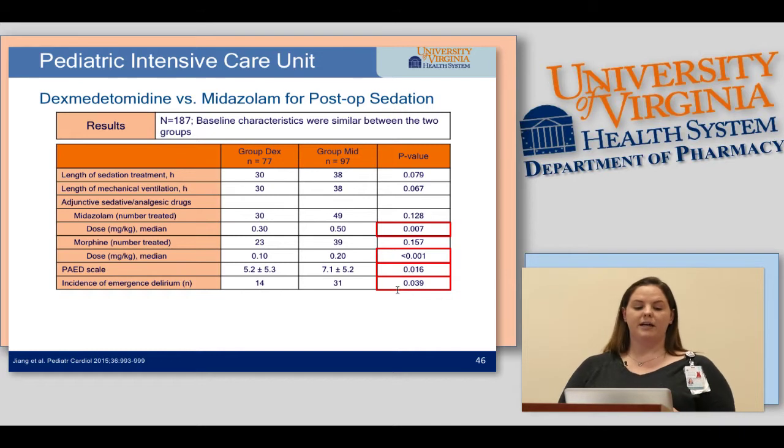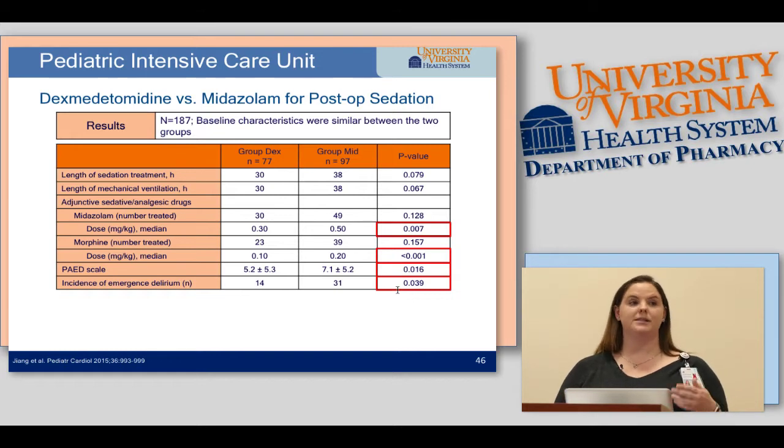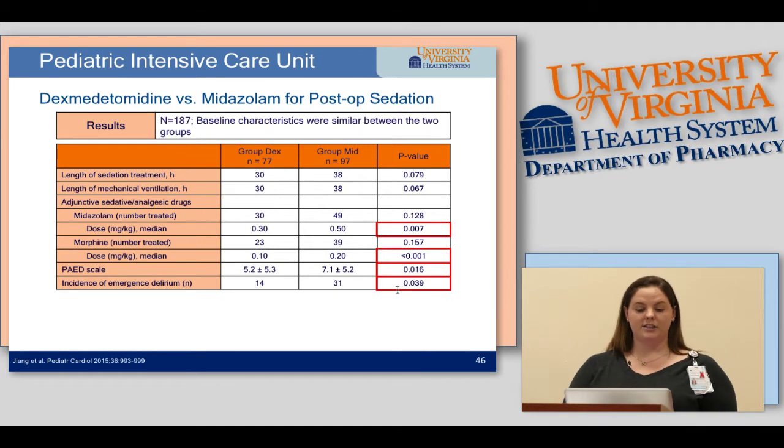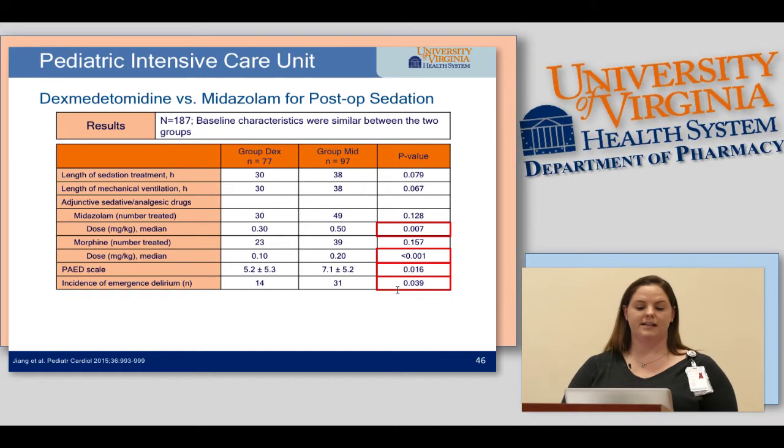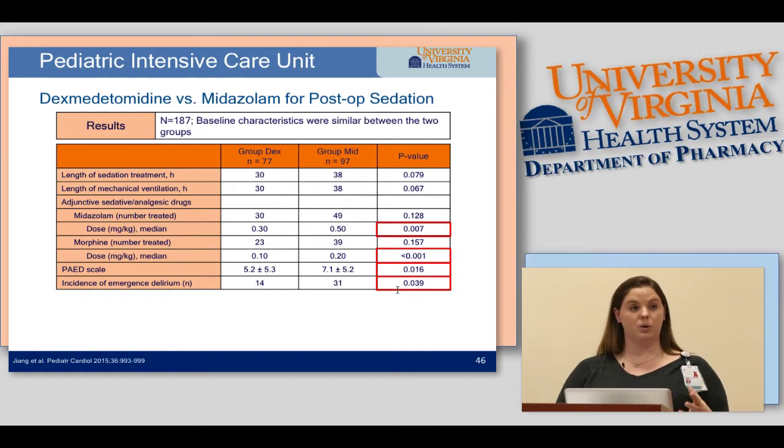So of note, patients in the dexmedetomidine and fentanyl group were able to receive midazolam if additional sedation was needed and not achieved with the primary agents. And for their scale, you can see that based on the delirium scale, patients that received dexmedetomidine had a lower score compared with the midazolam group, and this was statistically significant.